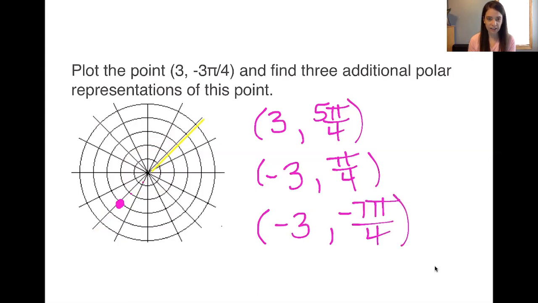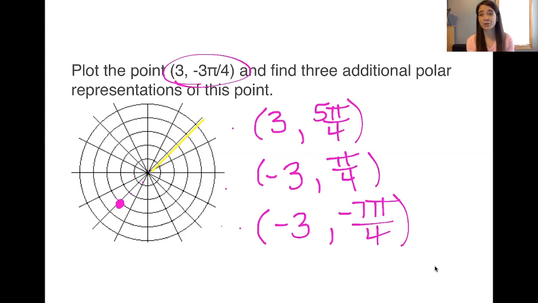We could get to that yellow angle by rotating to negative 7 pi over 4 and then moving backwards along that angle. So for each coordinate, there's going to be a total of 1, 2, 3, 4 ways to describe that coordinate, as long as we stay in between negative 2 pi and positive 2 pi for our angles.